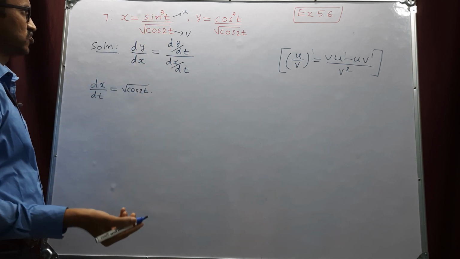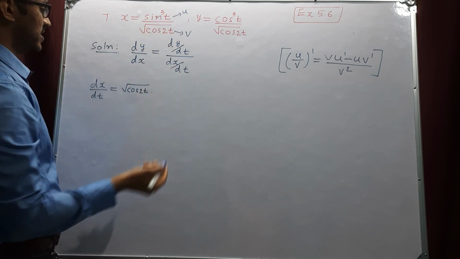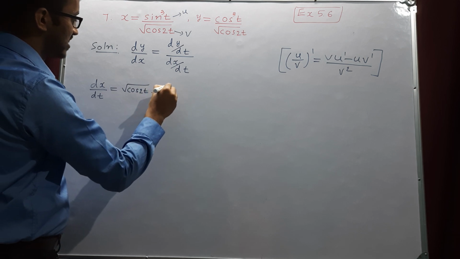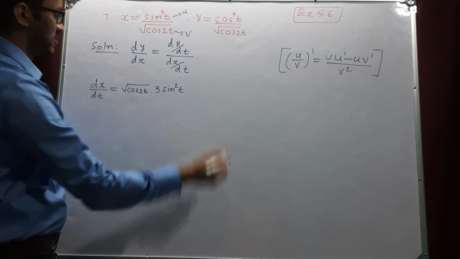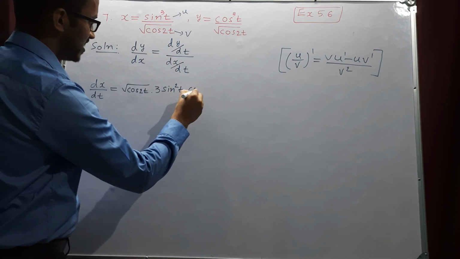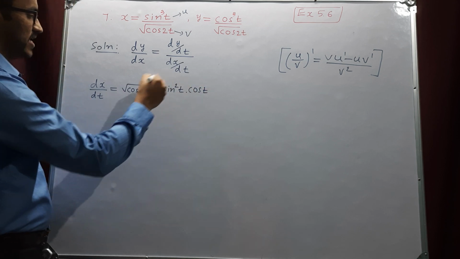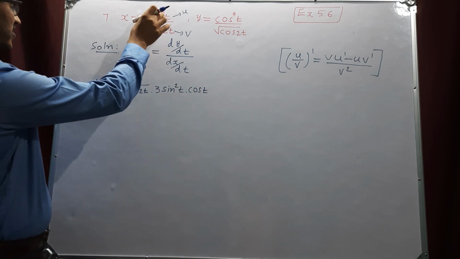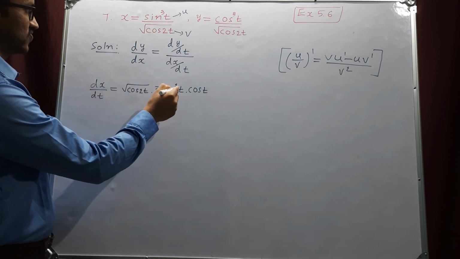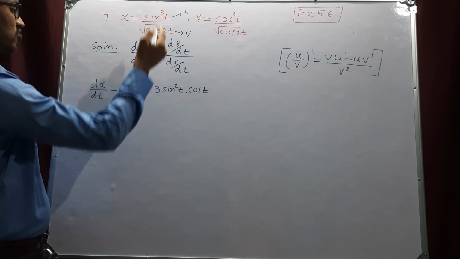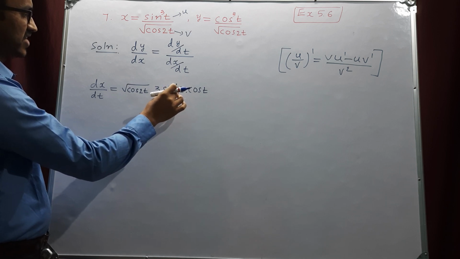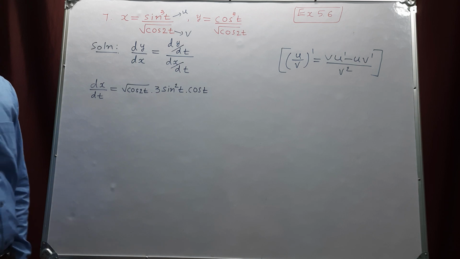The derivative of sin cube t, if we apply the chain rule, is 3 times sin square t into the derivative of sin t, and the derivative of sin t is cos t. The outer function is cube; the derivative of x cube is 3 times x square. So the derivative of sin t whole cube becomes 3 times sin t whole square, again into the derivative of the inner function, and the derivative of sin t is cos t.